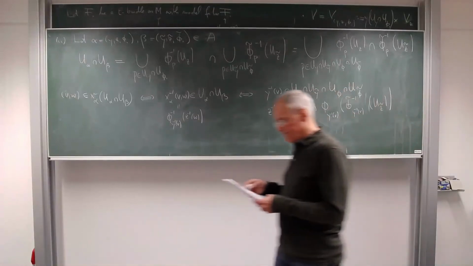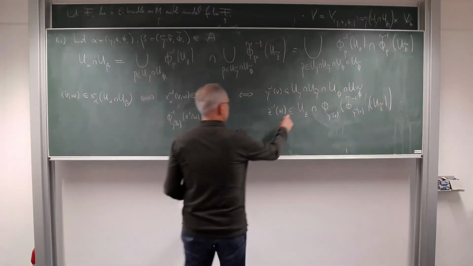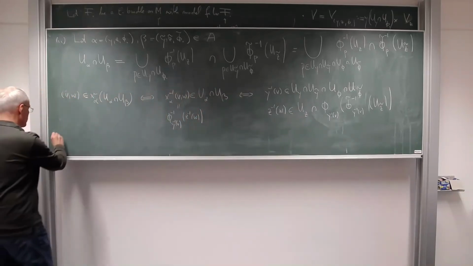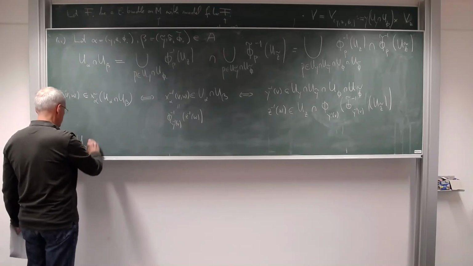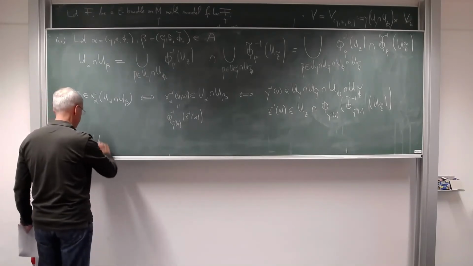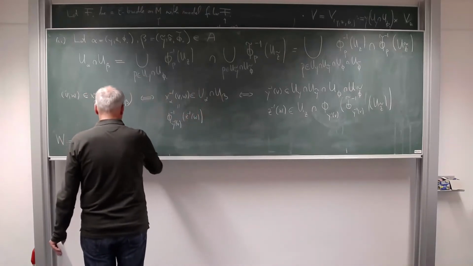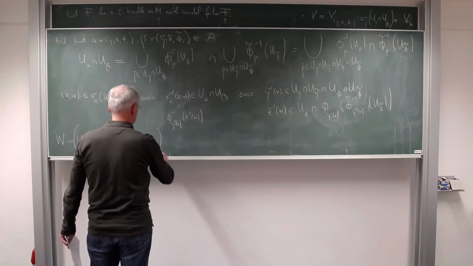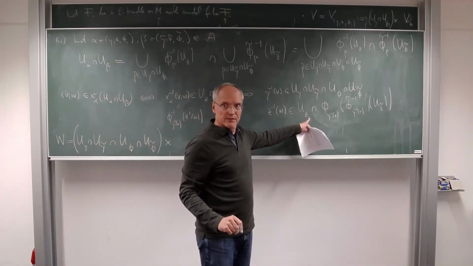All right. Okay, so let me take the set on the right hand side and give it a name. W is this fourfold intersection, so that's a subset of my base manifold M, cross this other thing, which is a subset of the model fiber F, right?